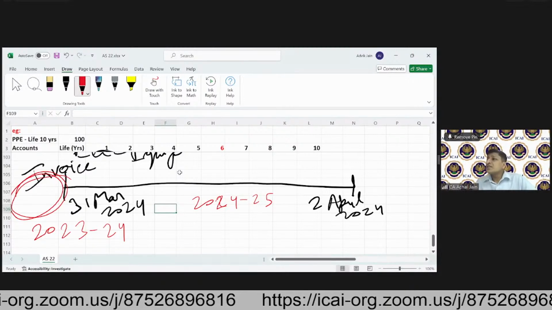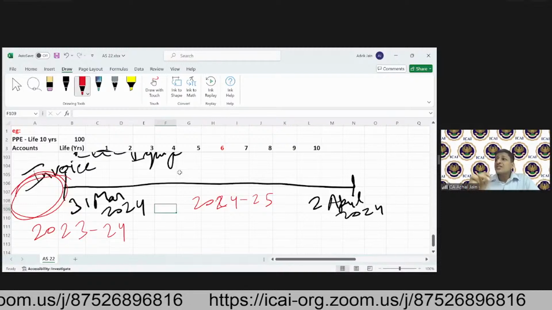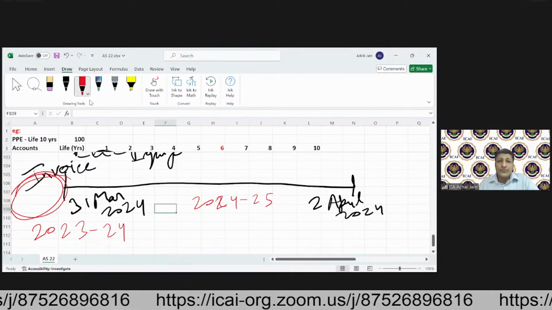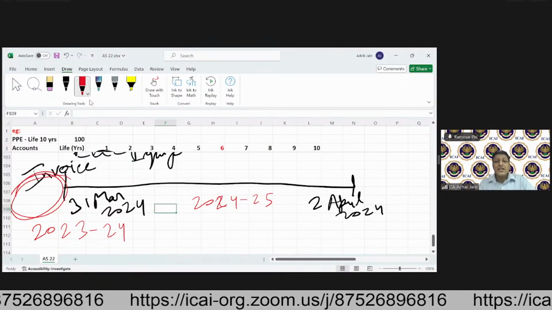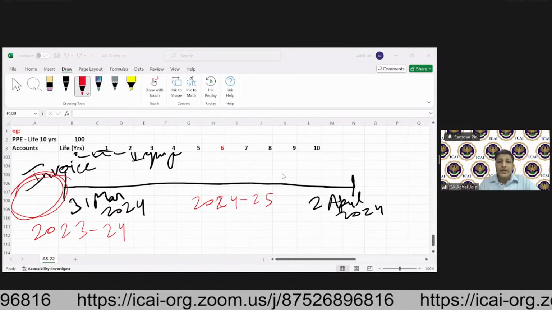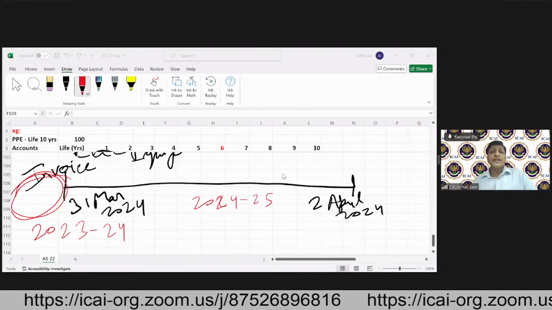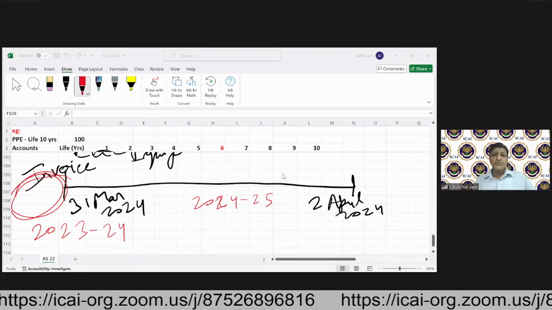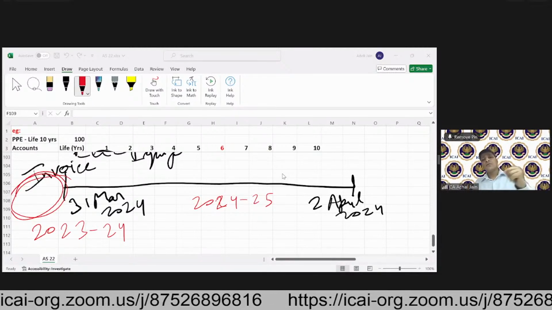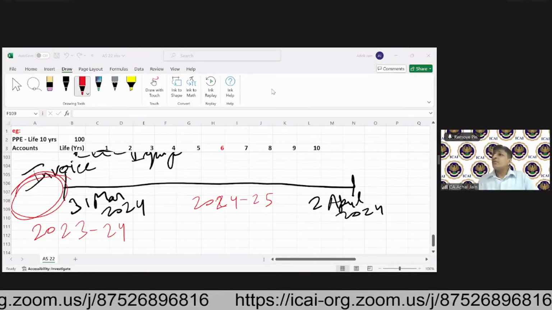Baswant is saying the seller has the responsibility till the goods reach the place of the customer, hence it should be 24-25. Pratima is saying 24-25 because the customer gets the ownership in 24-25. Ritika is saying 24-25 because the conditions have been satisfied in 24-25. Preeti is saying 24-25 too. Very good.